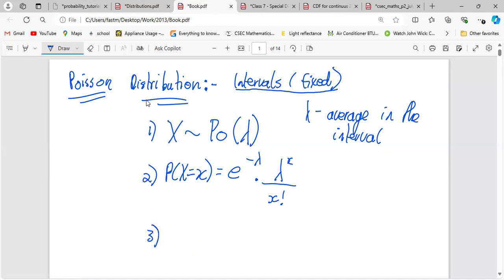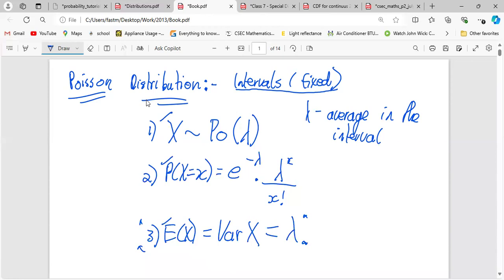What makes the Poisson really nice is that the expectation and the variance of X are both lambda. So if any question asks for the expectation or variance of a Poisson distribution, it's just lambda. No big equation. So we have the random variable, the PDF, and some extra stuff just in case they ask you.